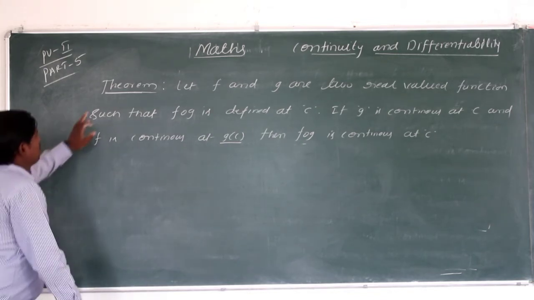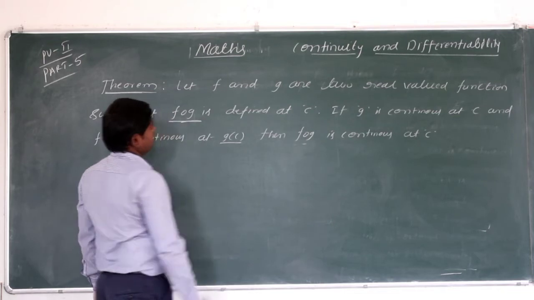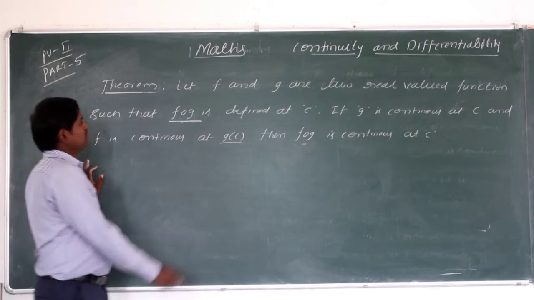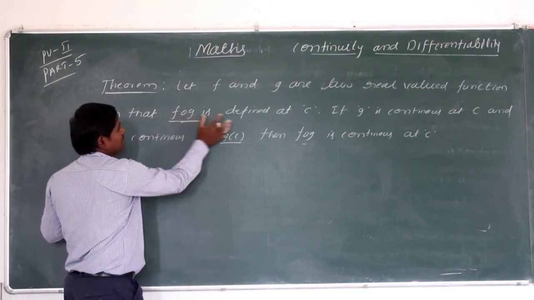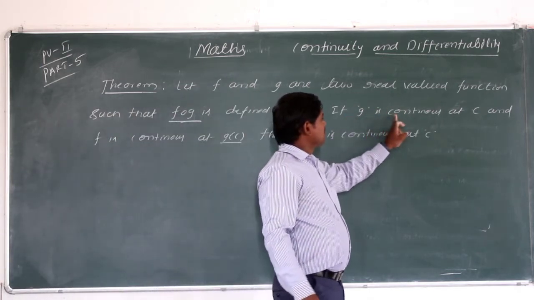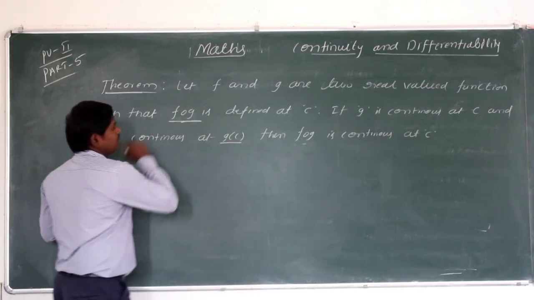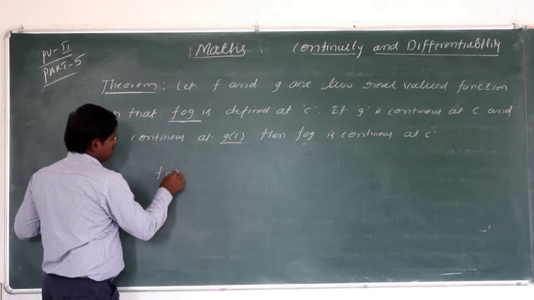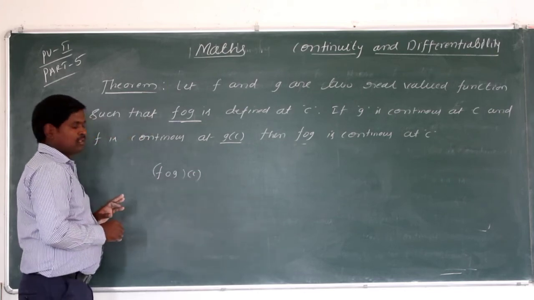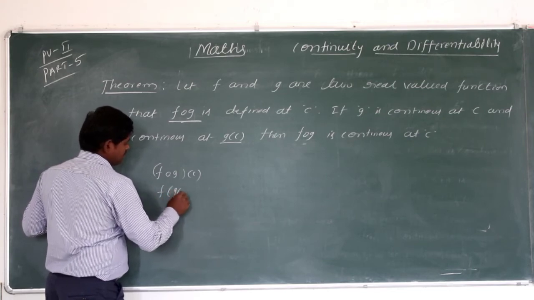Once again, see the theorem. If f and g are two real valued functions such that g circle f is defined at c, we must first ensure the given function is defined at c. If g is continuous at x equal to c, and f is continuous at g of c, then f circle g can be written as f of g of c.